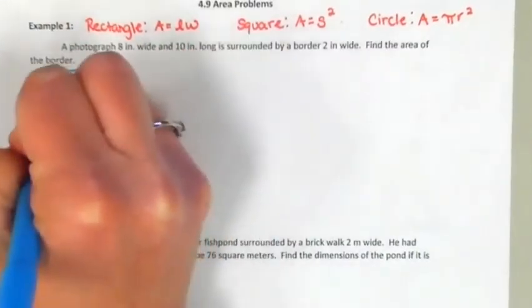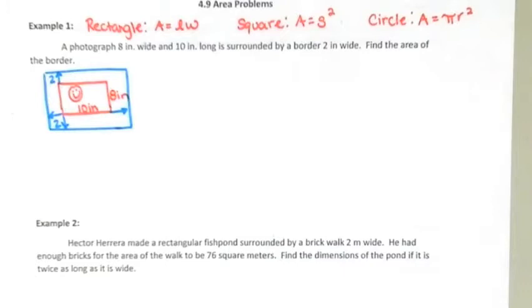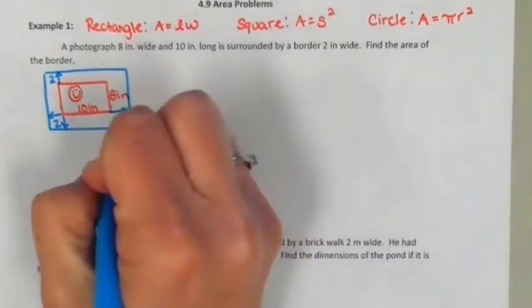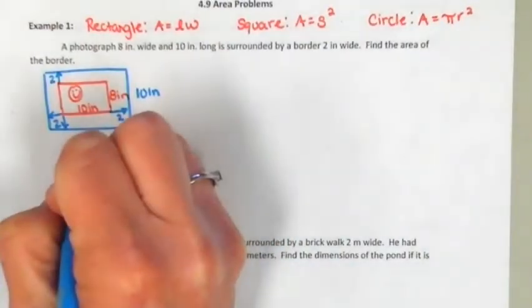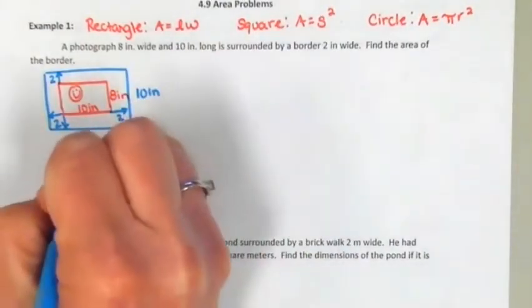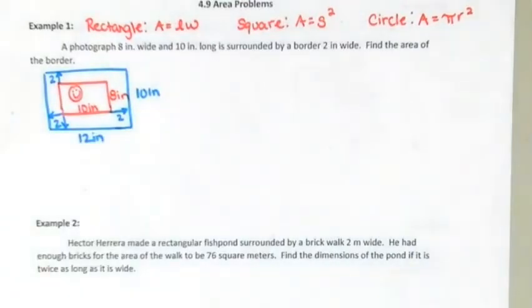So now the new length and new width of this with the border is what by what? 10 inches by, no. So we both said 10 inches and 12 inches.